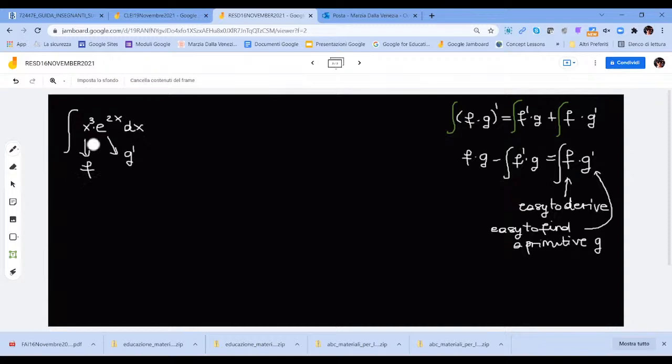So in our case this is f, and this is g prime. What does it mean? We have to find f prime, which is 3x squared, and we have to find g.